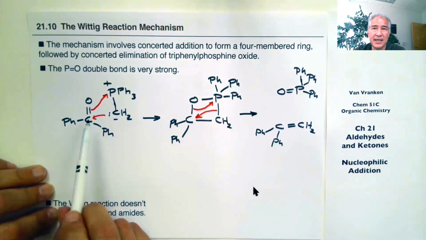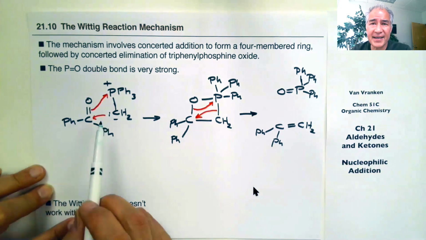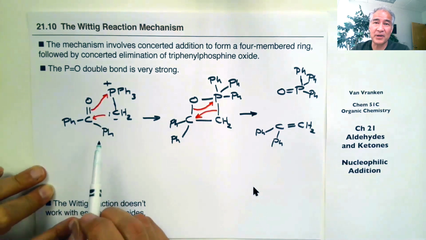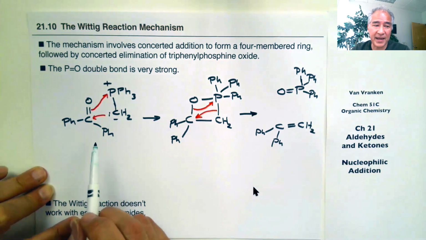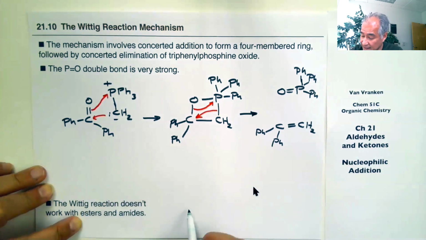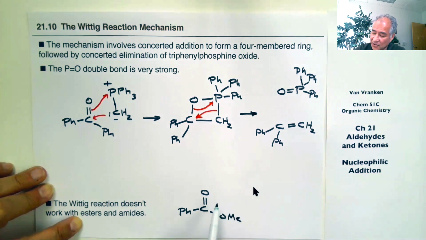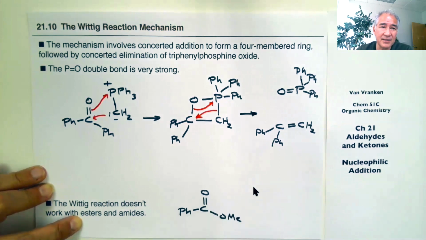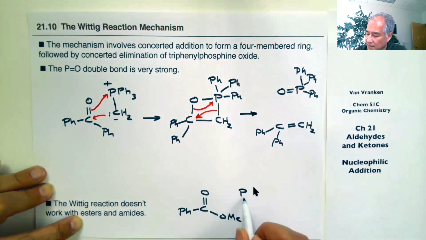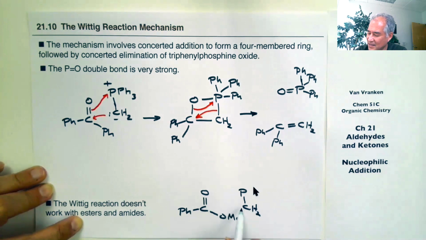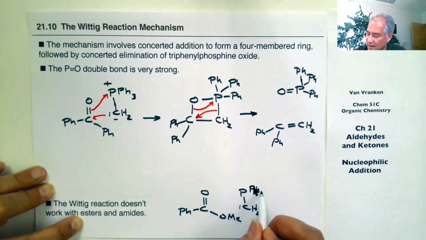Now, this works for ketones. It works for aldehydes. It does not work with esters. It does not work with amides. So if you have a tendency to look at any carbonyl as being identical and the same, they're not. You can't take an ester and form a CC double bond from that ester carbon. So if you feel some sort of compulsion to want to make a CC double bond out of an ester or an amide, that's not going to happen.